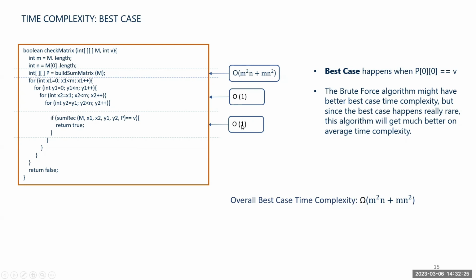So the overall best case time complexity is going to be Omega(m squared n plus m n squared). The brute force algorithm might have a better best case time complexity because it doesn't have any pre-function. But since the best case happens really rarely, this algorithm will get much better on the average time complexity.